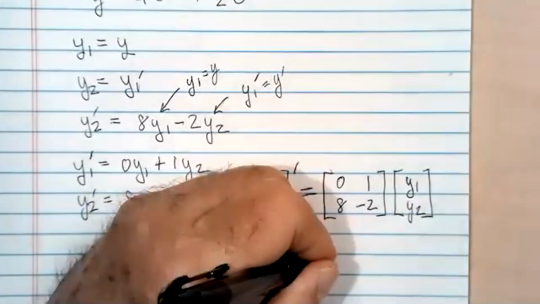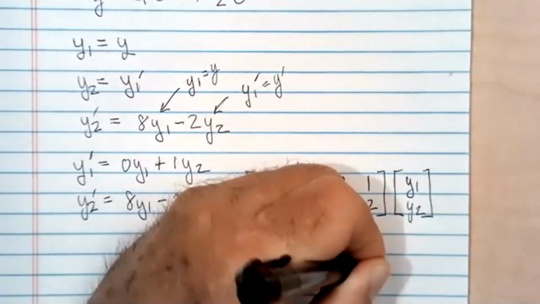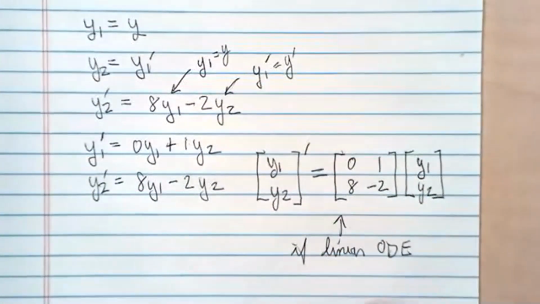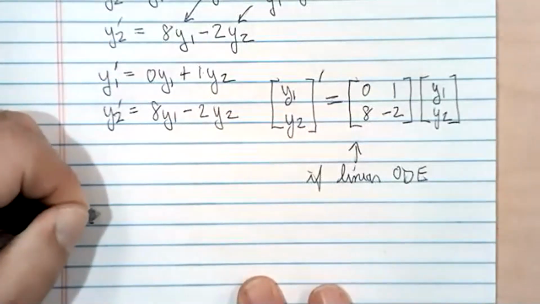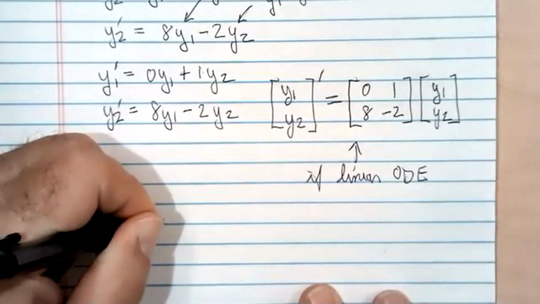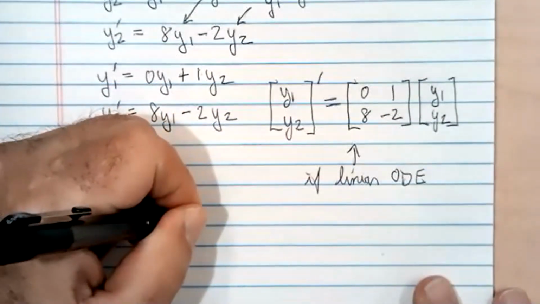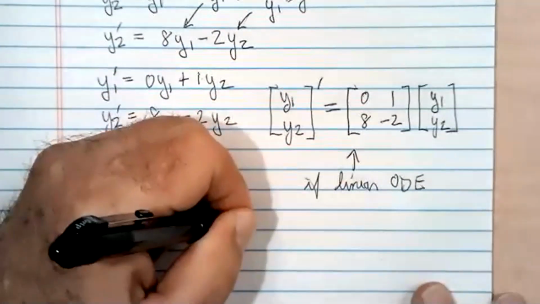So if you have a linear ODE, you can do this. If you don't, you can't. You wouldn't be able to get past here. So for example, suppose I had this system, y1 prime equals, now you might have this part being the same, 0y1 plus 1y2.